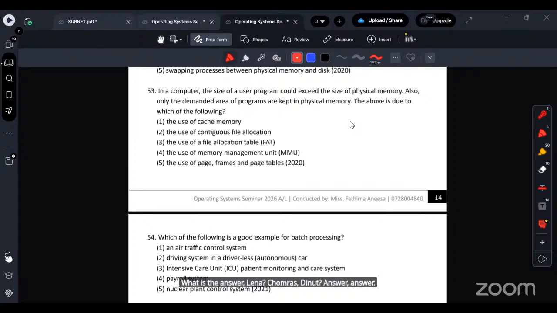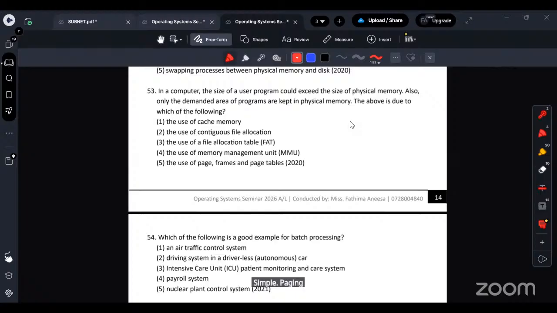Question number 53. The use of what are they describing above? Simple. Paging, right?